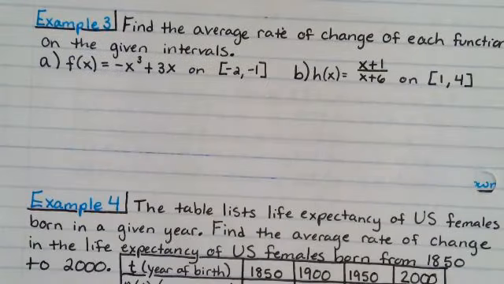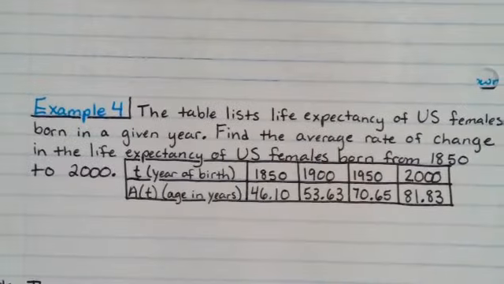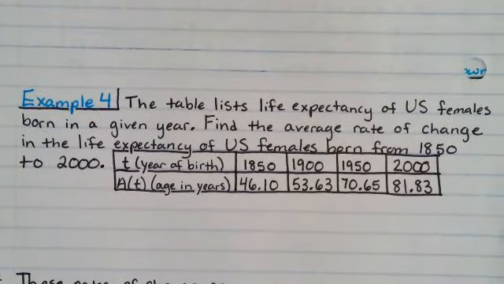All right, we're going to do another one. Here we have a table. We've got life expectancy of U.S. females born in a given year. Find the average rate of change in the life expectancies between these 2 years. We're looking between 1850 and 2000.